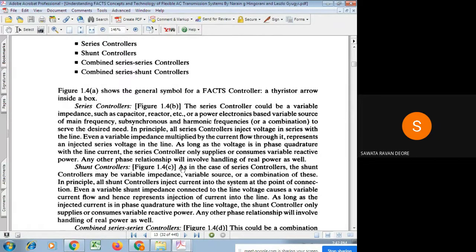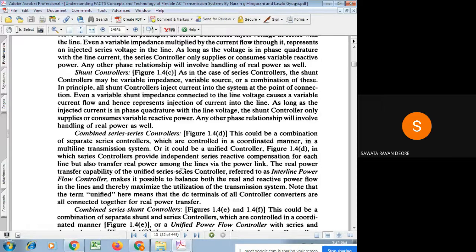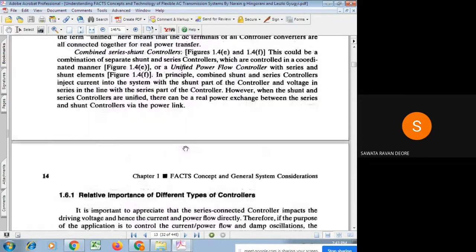In principle, it injects voltage in series with the line, and as long as that injected voltage is in quadrature with the line current, it exchanges only reactive power. If the injected voltage is not exactly in quadrature with the line current, then it can exchange both real as well as reactive power with the transmission line.